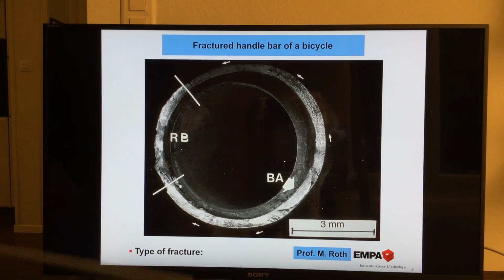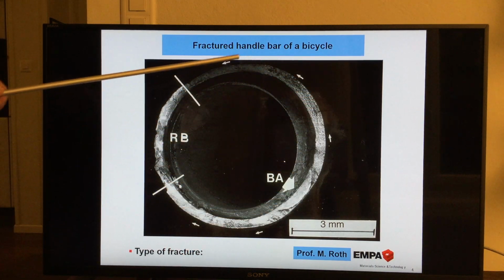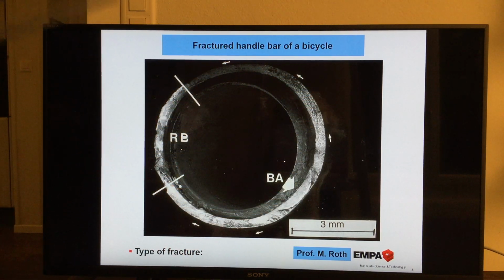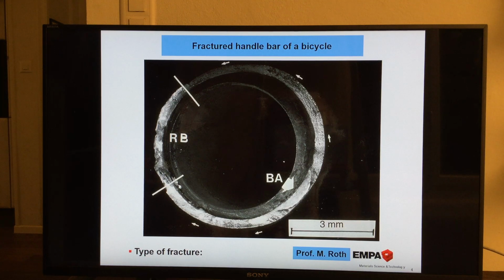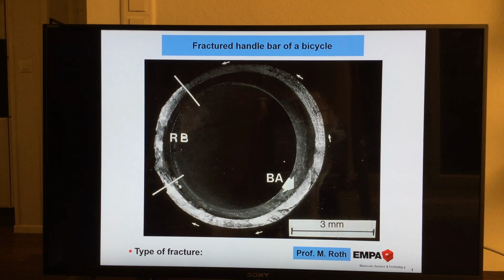Of course, by the time there is less material available for taking over the stress, and then the stress gets so high due to the fact that there is less material available, and secondly due to the fact that there is a higher stress in front of the crack when it propagates. So that means here is an overload fracture.